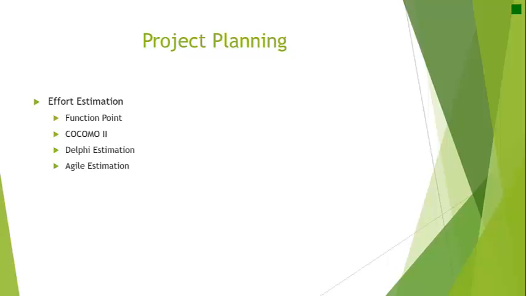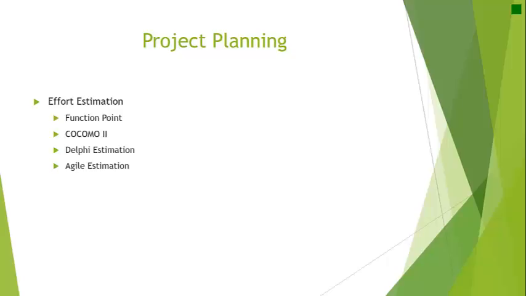in the development stages. COCOMO 2 is a procedural model for estimating effort, cost, and schedule. COCOMO 2 was developed by Barry Boehm in the late 70s and published in 1981.